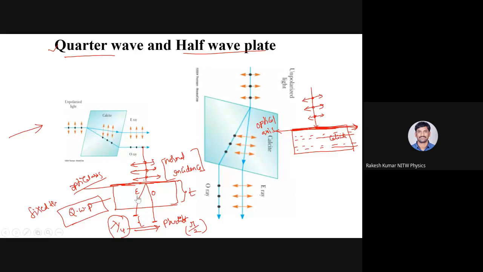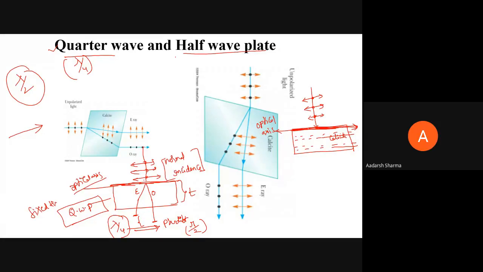Suppose you want to produce a lambda by 2 path difference, what am I supposed to do? A quarter wave plate produces a lambda by 4 path difference. Suppose I want to make it lambda by 2, what am I supposed to do for my crystal? Should I increase the thickness or decrease the thickness?